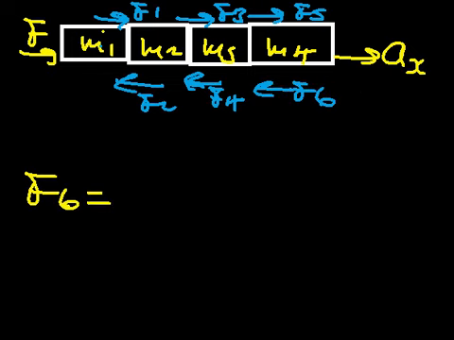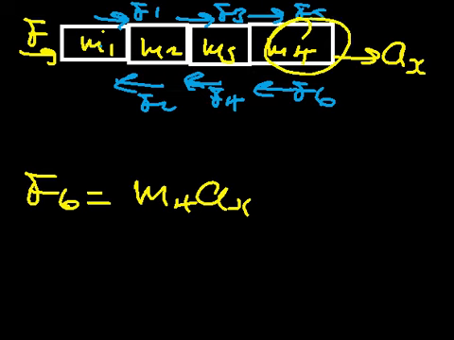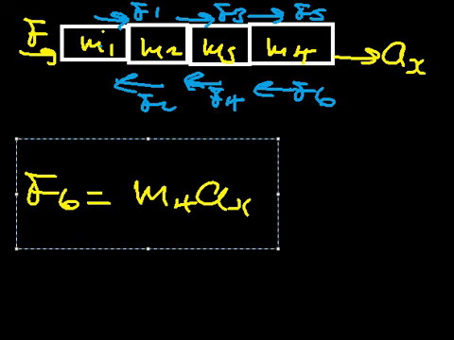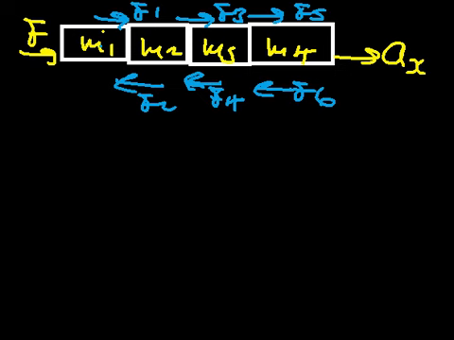So F6 will be given as acceleration a_x times mass 4, because we only have a single mass in this direction. If we look at the reaction force at this point, we only have the single mass, which is M4, remaining over there. So that's how the contact forces are obtained in that case.